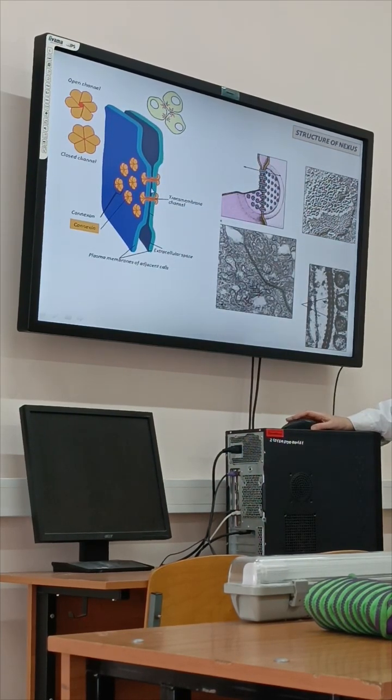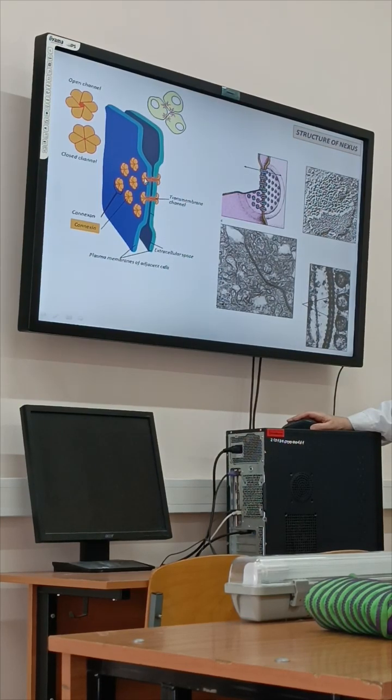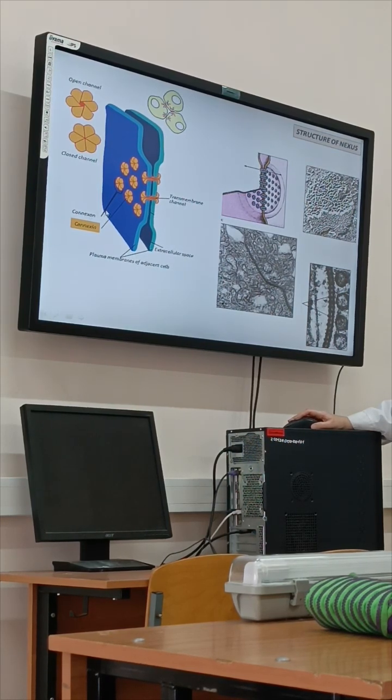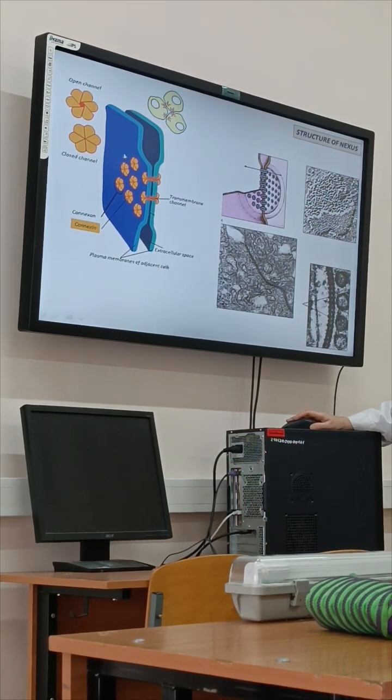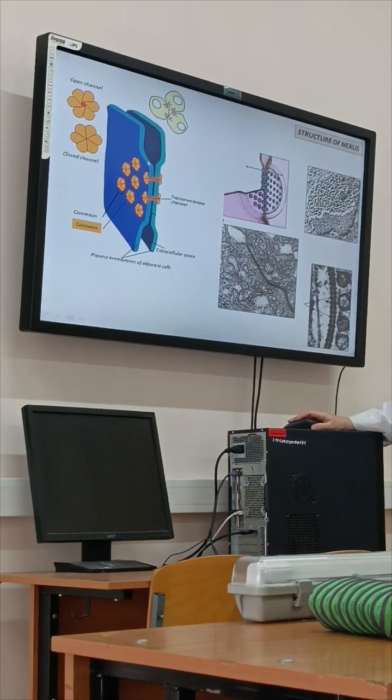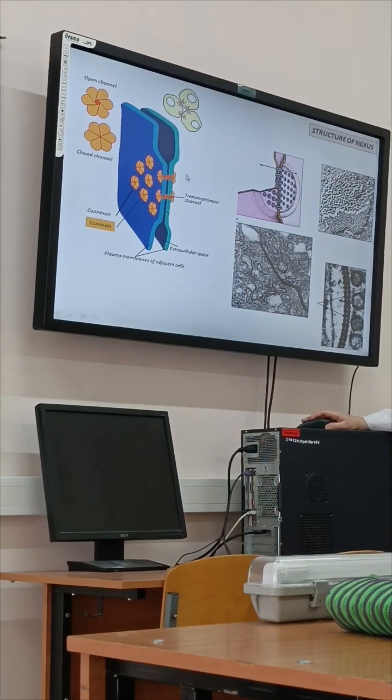Communicating junction: we can see channels that are formed by proteins. These proteins we name connexins, and this channel we name connexon. So a communicating junction or nexus consists of several connexons.